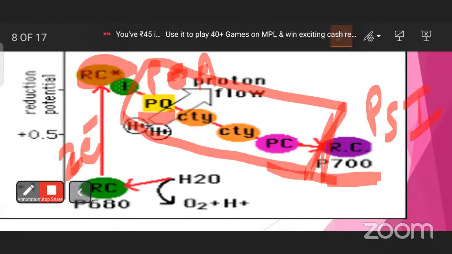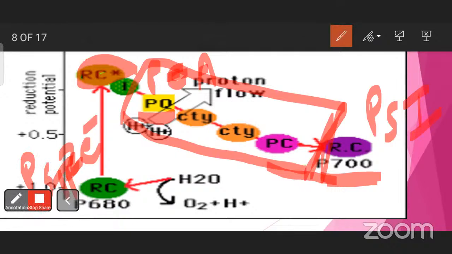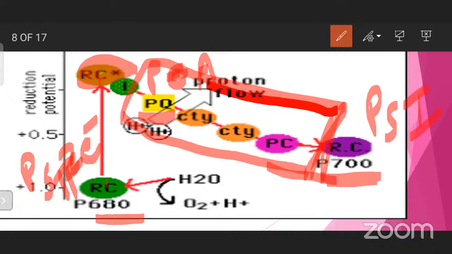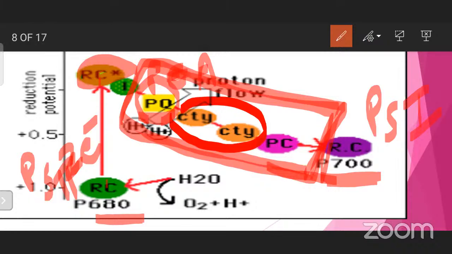So here PS2 is at P680. Reaction center is there, electron is jumping. When the electron is jumping, this is called electron transport system, where you are having certain electron acceptor molecules like plastoquinone, cytochrome, and plastocyanin, and immediately they are passing it to the reaction center P700, which is photosystem 1.